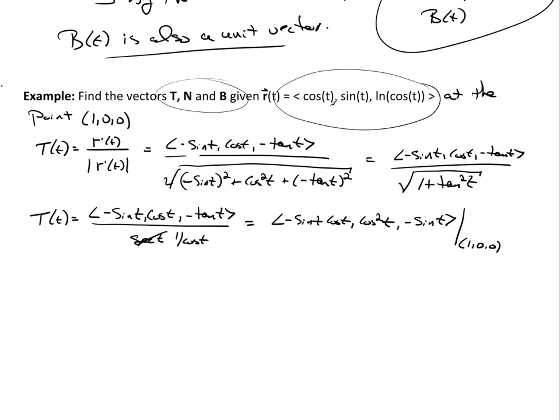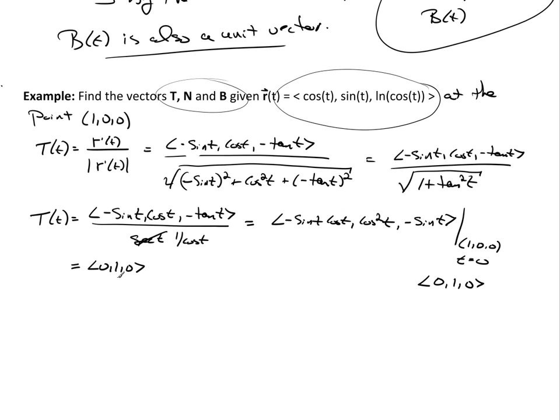That gives me the point 1, 0, 0. So this is the same as saying that t equals 0. For t equals 0, I get the vector 0, 1, 0, which, by the way, is the basis vector j. Not that that's important right now. So my unit tangent vector at the specific point will be the vector 0, 1, 0.